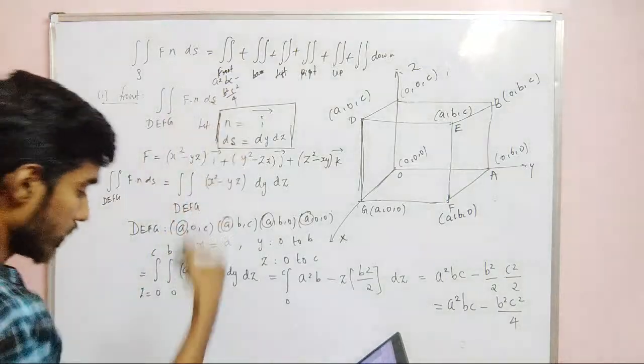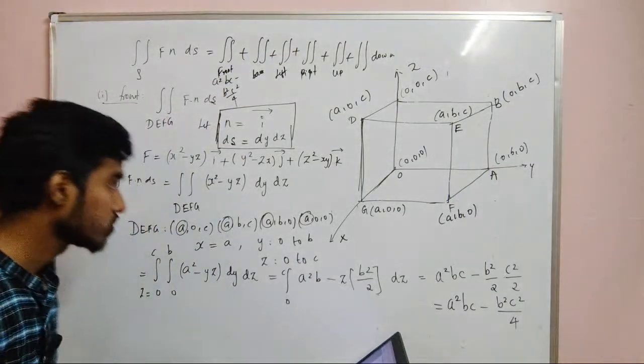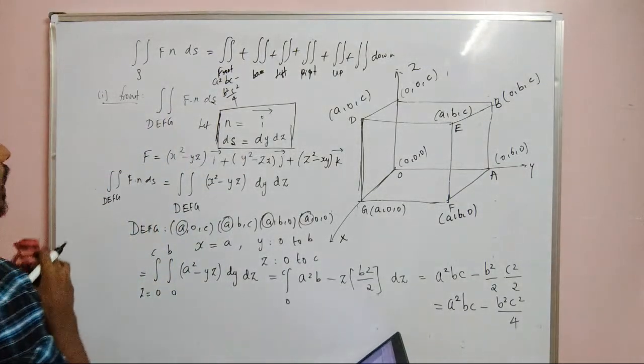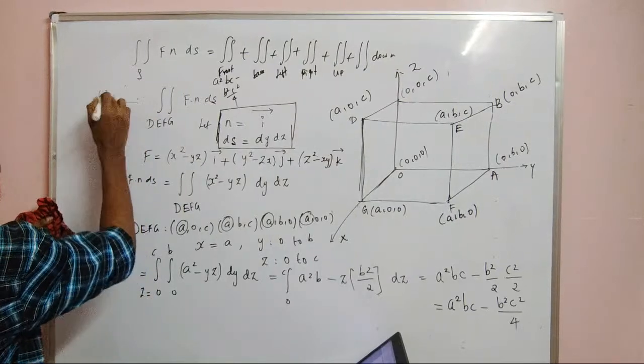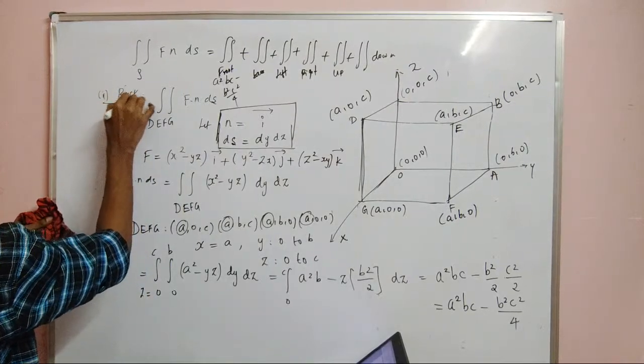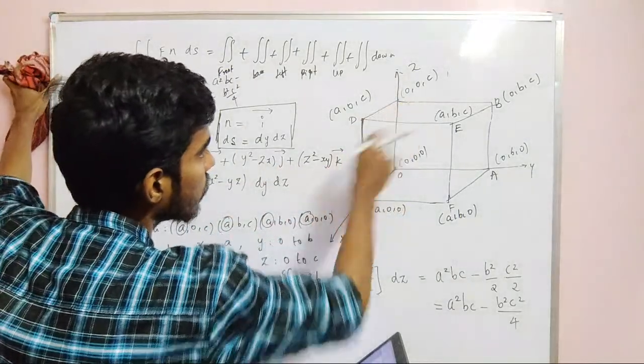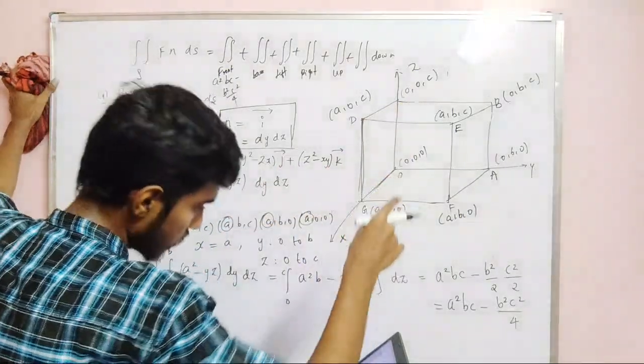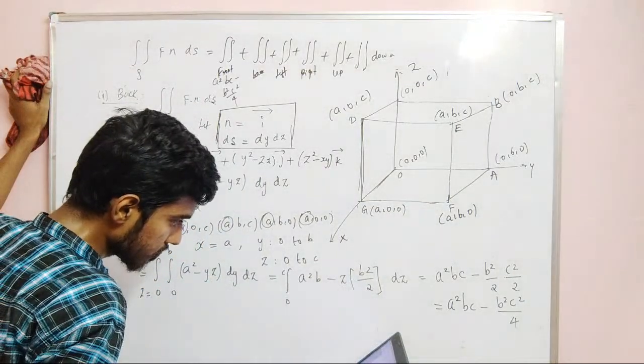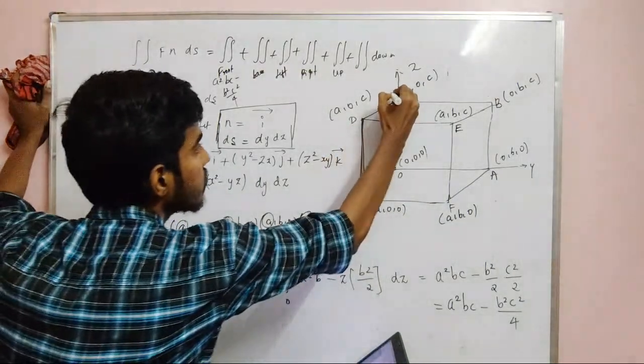Now we need to find back. So first we are going to find back. For back you can see O, what is this point? This point is C, right?